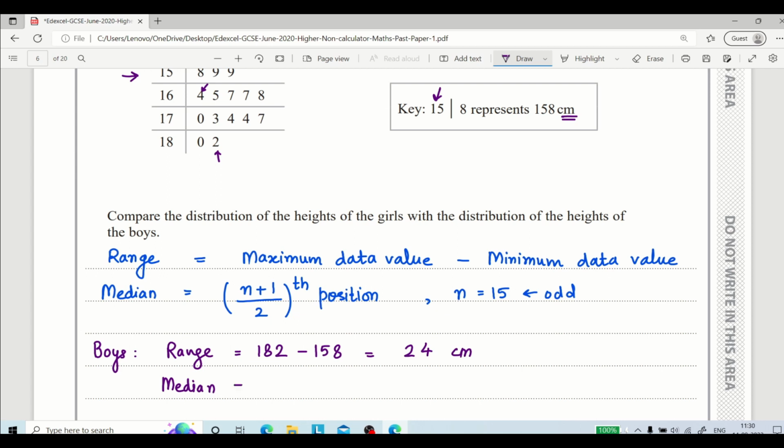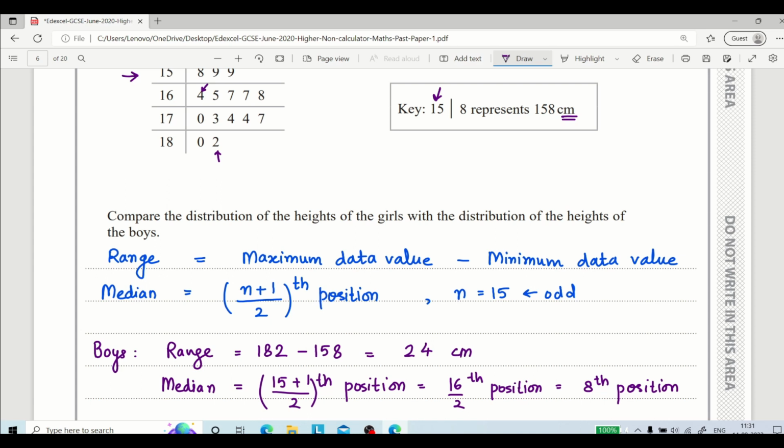Median. Median for boys, again, it is going to be 15 plus 1 over 2th position. So that is going to be 16 over 2th position. That is 8th position. So now you just need to count which number lies at the 8th part.